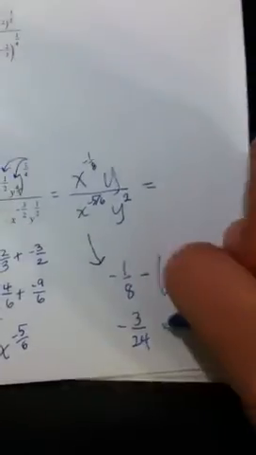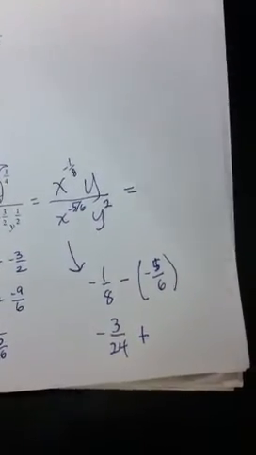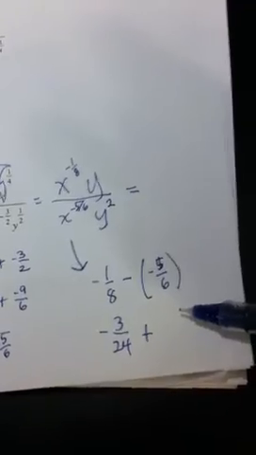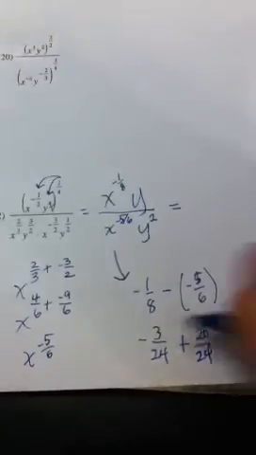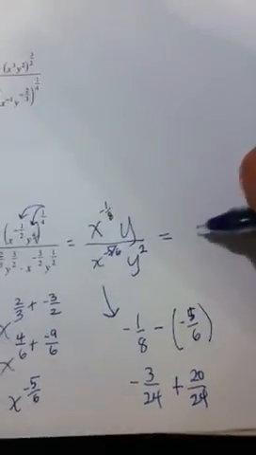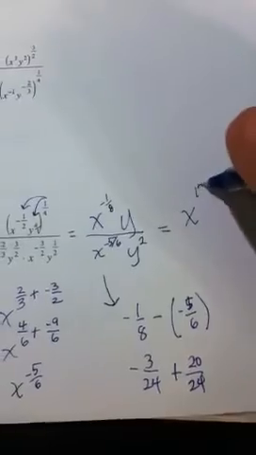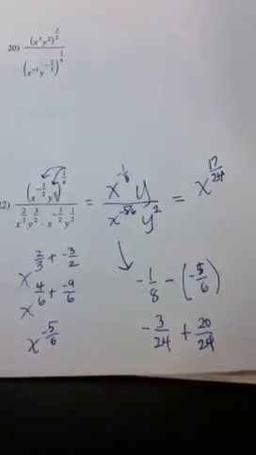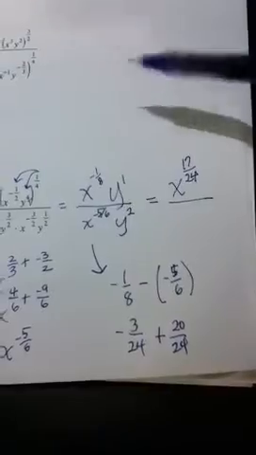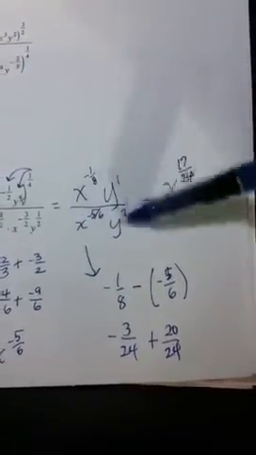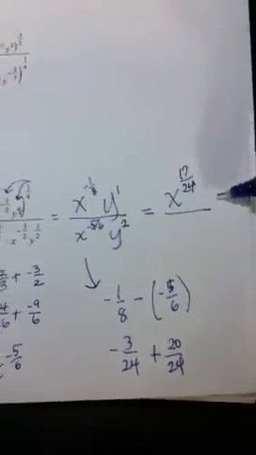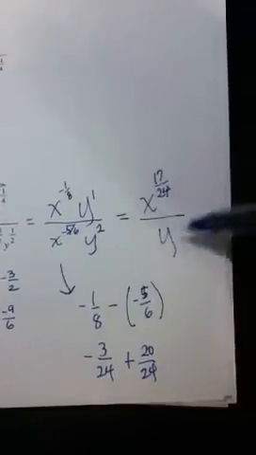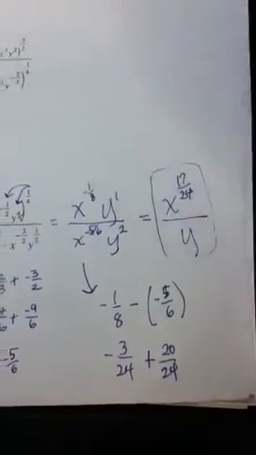Minus negative becomes plus. 6 times 4 is 24, 5 times 4 is 20, so I get 20/24ths. And that's 17/24ths. I've dealt with the x's, and now I'm dealing with the y's. This is like having a 1 right here. 1 minus 2 would be negative 1 up here, but I don't want a negative 1. I want it to be positive 1. So I'm going to move it to the bottom and make it a positive 1. And that is your ugly answer.